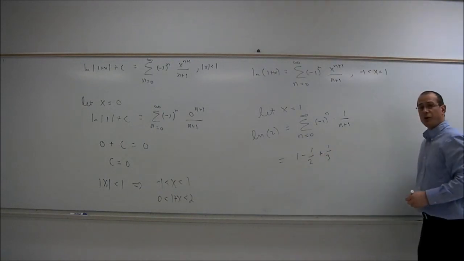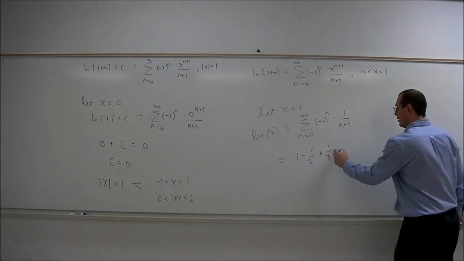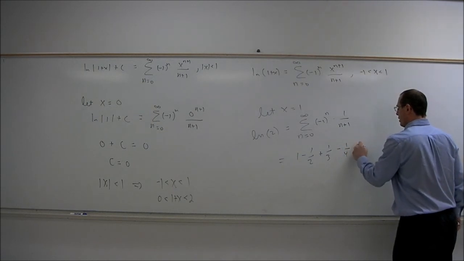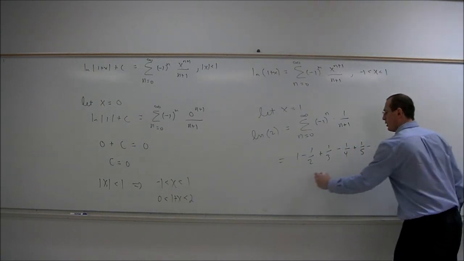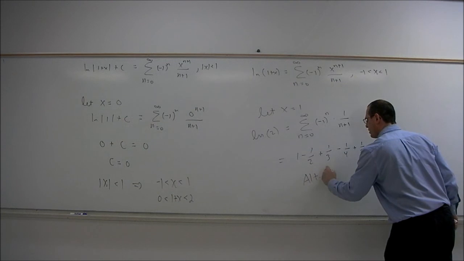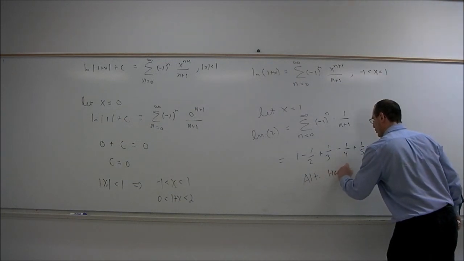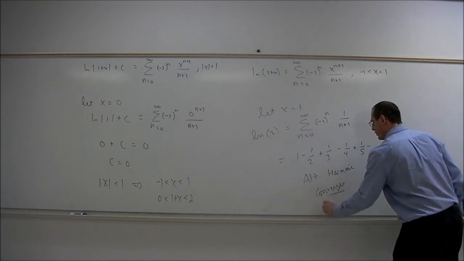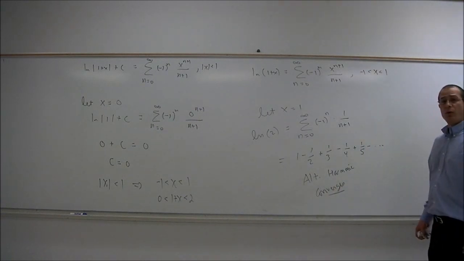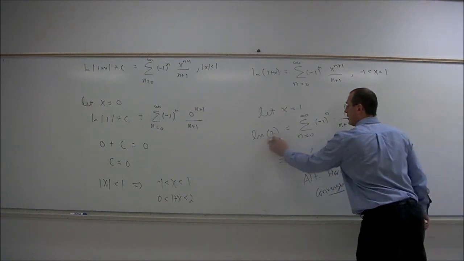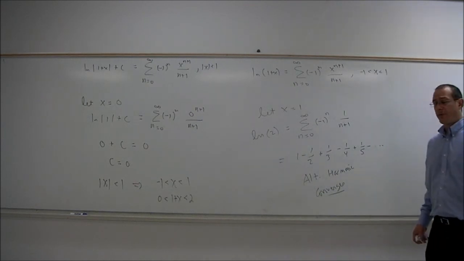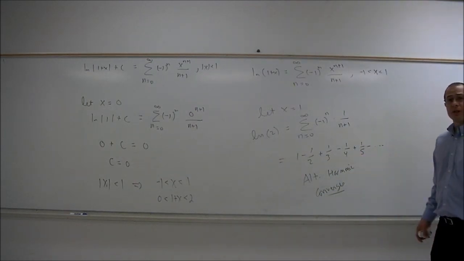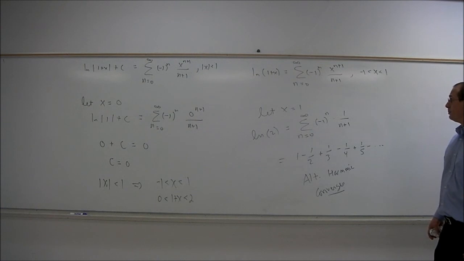And you can see the alternating harmonic series here. Minus 1/4 plus 1/5. So this is the alternating harmonic series. And this converges. Now we actually know what it converges to. It equals the natural log of 2. That's the value of the alternating harmonic series.